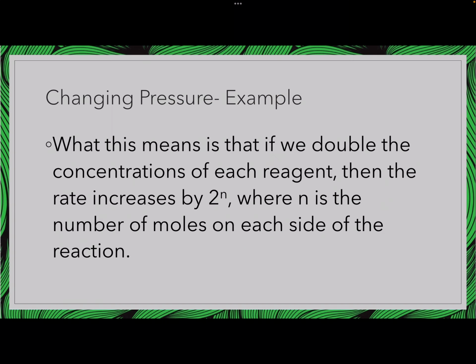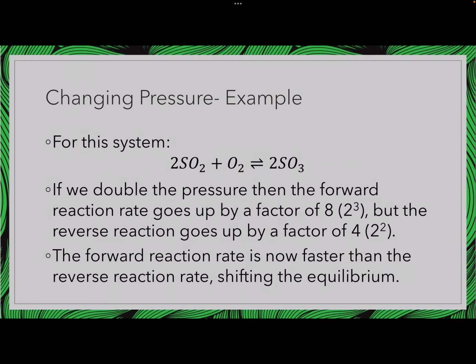But for this one, if we've doubled the concentrations, then the rate actually increases by 2 to the power of n, where n is the number of moles on each side of the reaction. So for this one, we have 1, 2, 3 moles on that side, but 2 moles on this side.